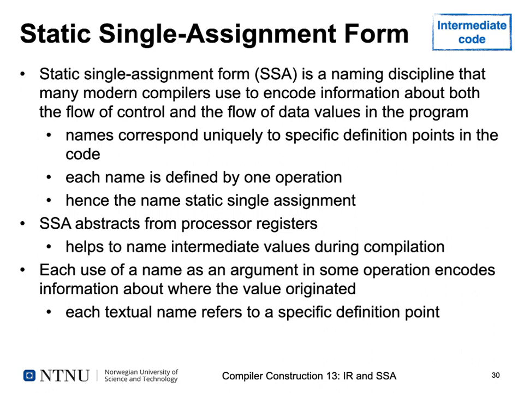If we know that a value x3 is referenced, we can check where this x3 was actually assigned, so we can know where a certain data value actually comes from in our intermediate representation. So each textual name in SSA form refers to a specific definition point somewhere in a different place in our code.